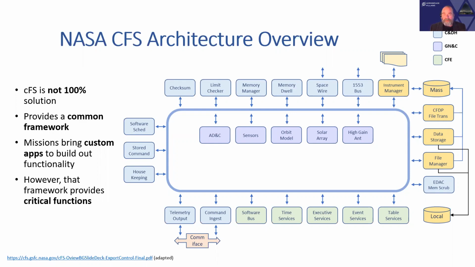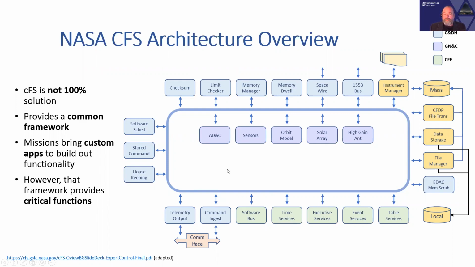But the open source release also includes many of these other components and includes two what they call lab applications designed for test and development, but not for mission deployment. And that's the command ingest and the telemetry output, by which commands can be injected from the outside into the software bus and data can flow from the software bus to outside clients.